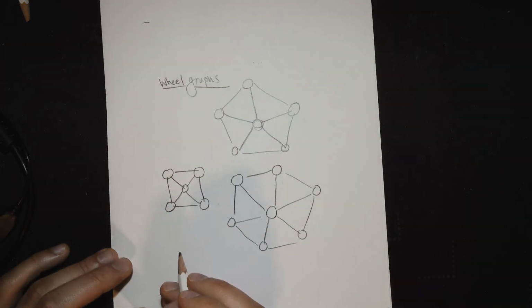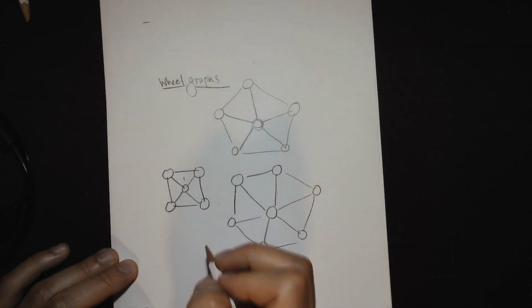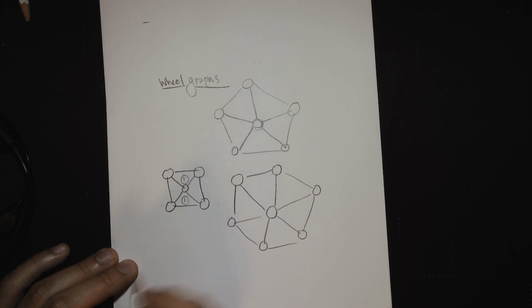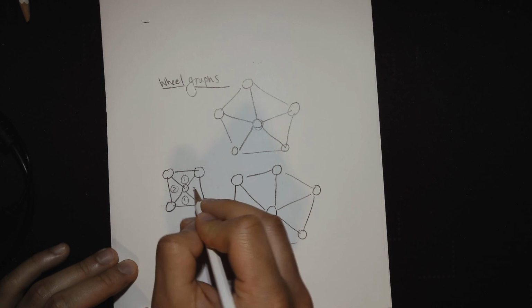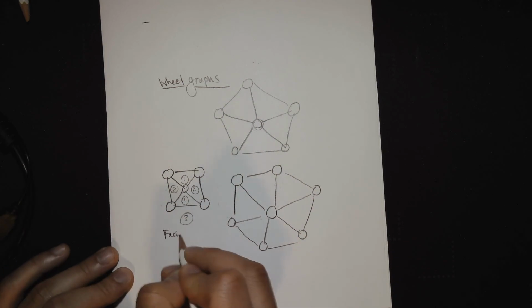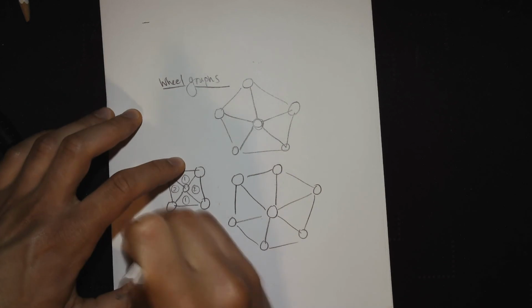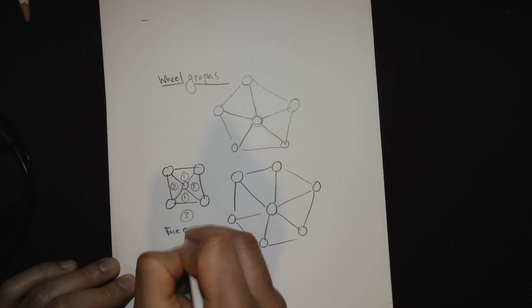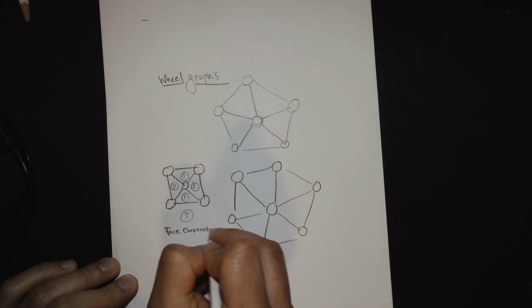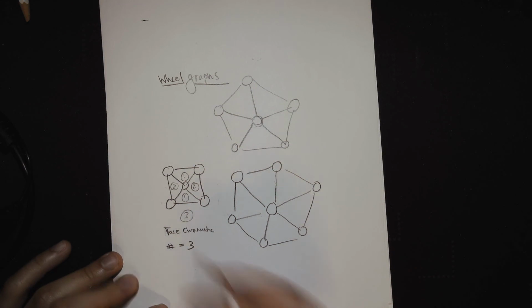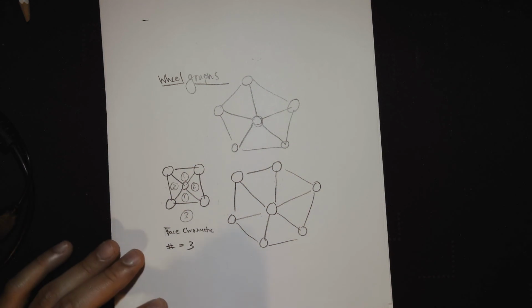So with 4 vertices, we can kind of color this face and this face the same color, these 2 faces the same color, and then the face on the outside the same color. So the face chromatic number is 3 of that graph, right?